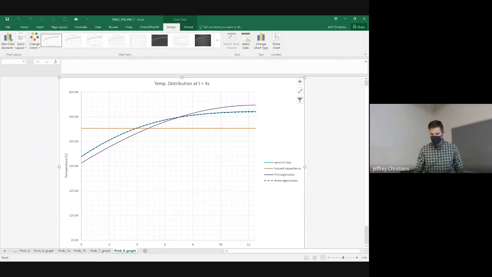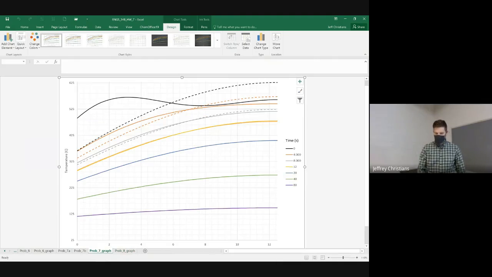Looking at a single time, let's compare the solutions from these different models. The flat line is the lumped capacitance, and then we have 3 different other models. A lot of what I'm looking for in this problem is the graphs more than the work on the paper.